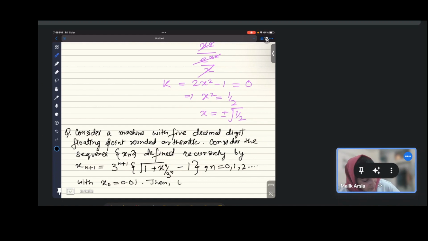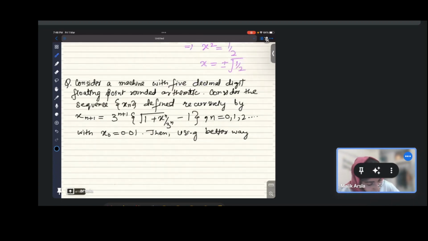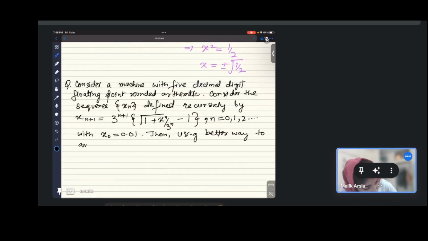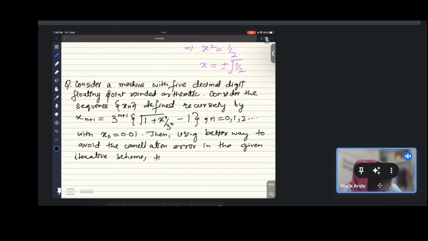Then, using a better way to avoid the cancellation error in the given iterative scheme, find the value of x3.